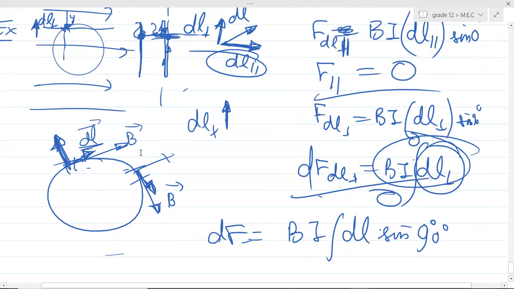If the magnetic field is parallel to this particular thing, or if the magnetic field is perpendicular to this, then can you see, for every element, the dl vector and the field are parallel or perpendicular, whatever it is, and you can use either sine 0 or sine 90 accordingly. It should be common for all the elements on the loop. It should not be that only one element is common and everything else is different.